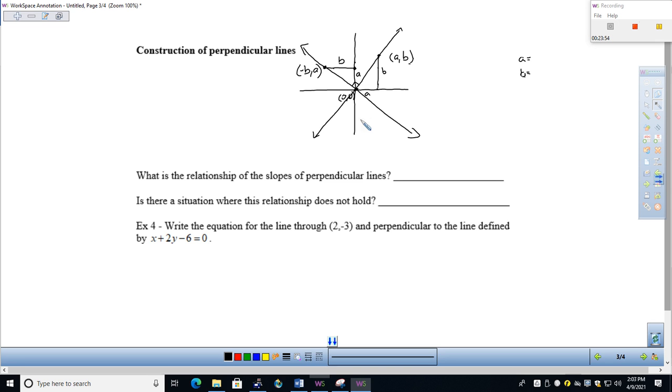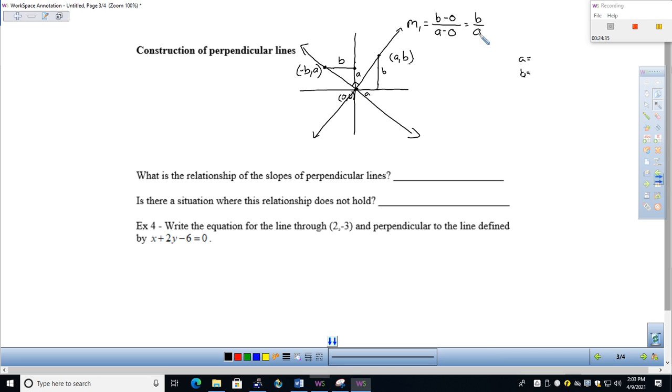Now let's look at the slopes. So rise over run, or y2 minus y1 over x2 minus x1. Let's do m with a subscript of 1, so the slope of our first line. If I do y2 minus y1 over x2 minus x1, that would be b minus 0 over a minus 0, which of course would be b over a.